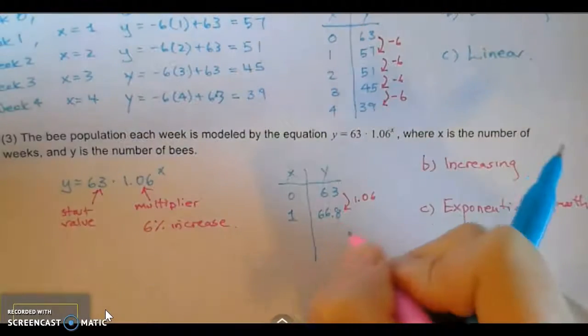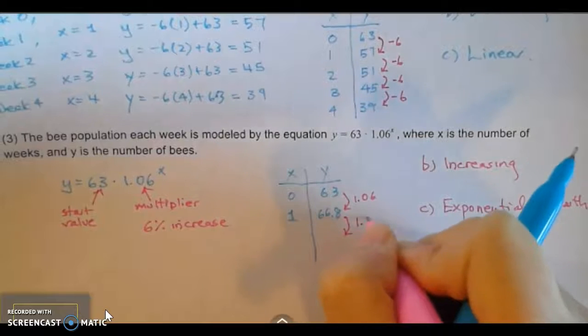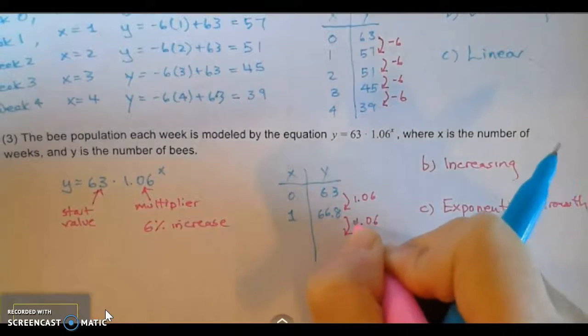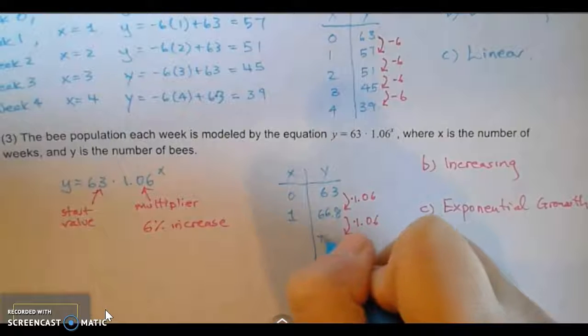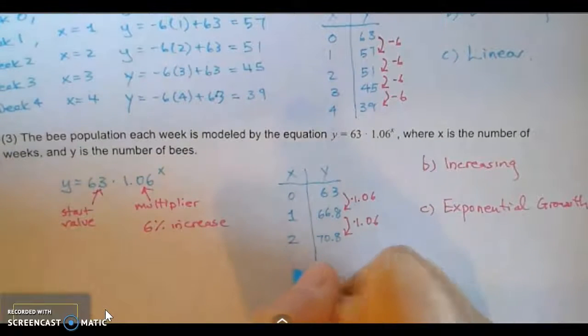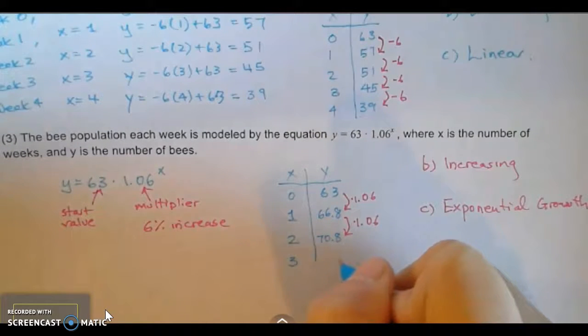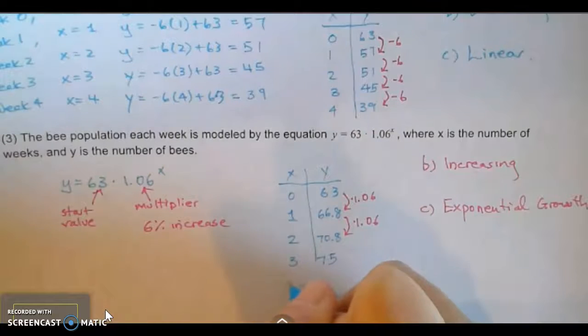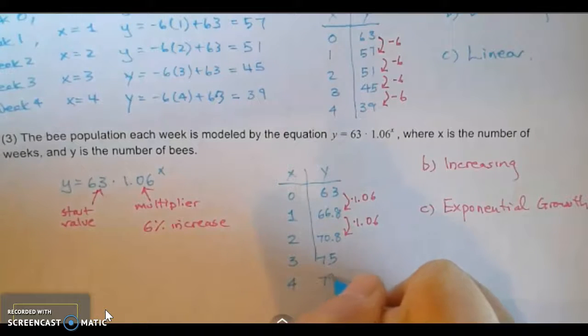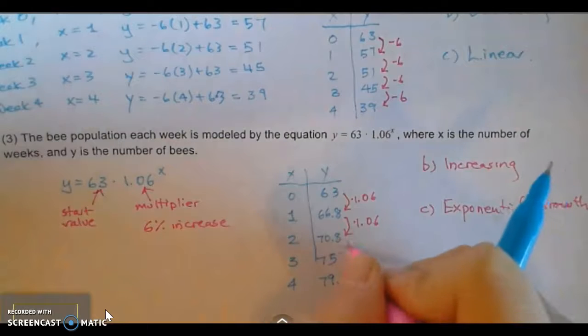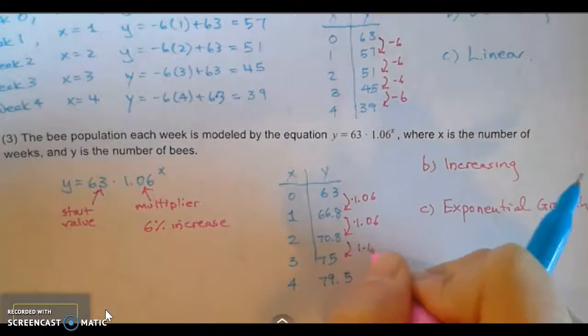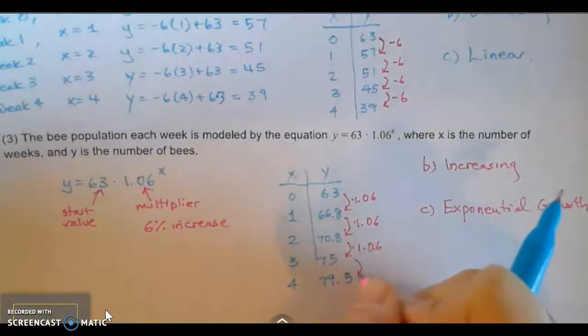And when we multiply that number again by 1.06, we should get 70.8. That's week 2. Week 3, we should get 75. And week 4, we should get 79.5. Okay? So that's after we multiply by 1.06 each week.